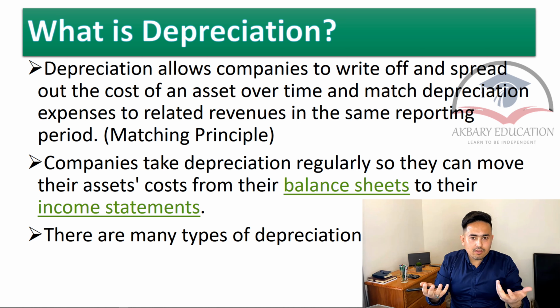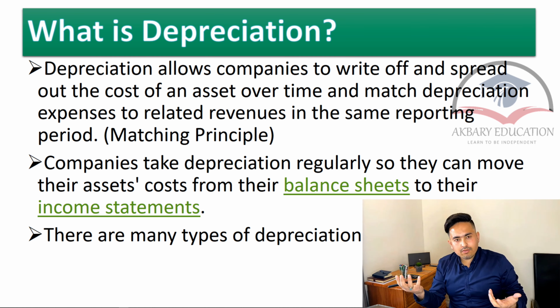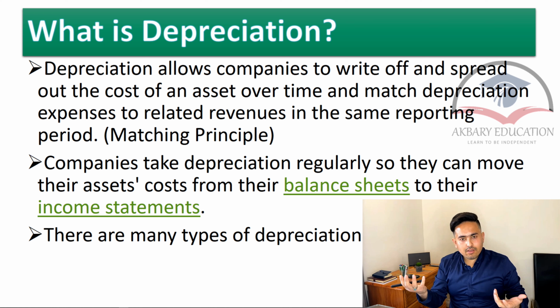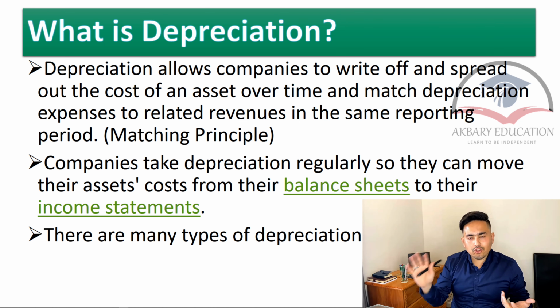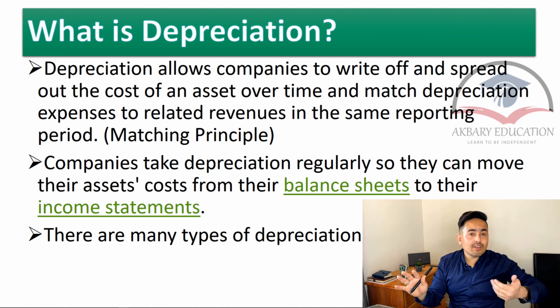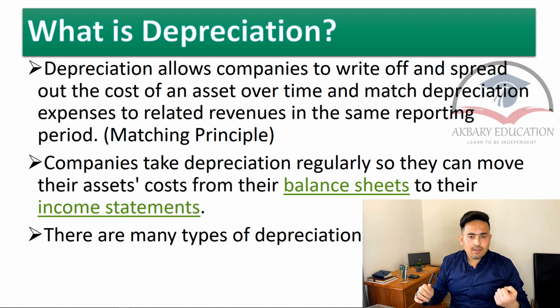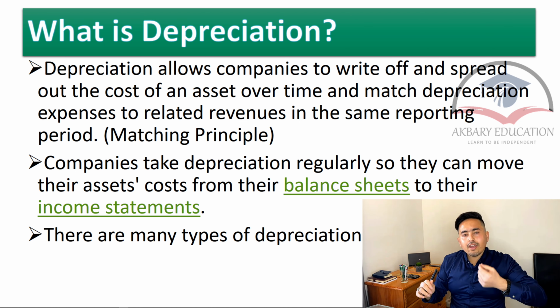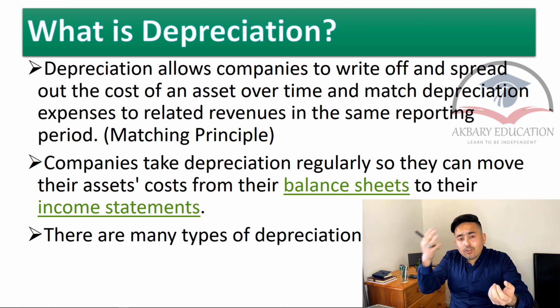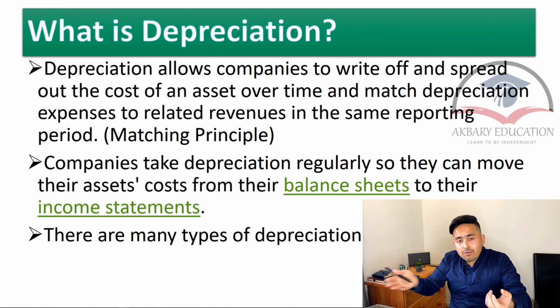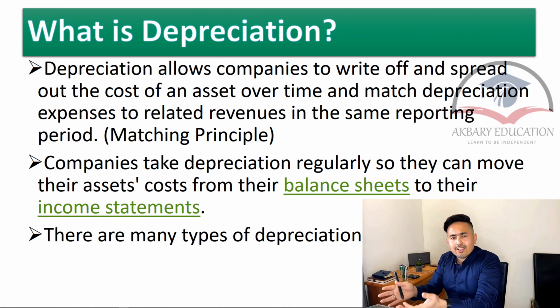So when I purchase a computer for 5 years and I pay $5,000 in the initial year, and I'm using it for 5 consecutive years, it is generating income for me during those 5 years. Why am I recording that only in 1 year?